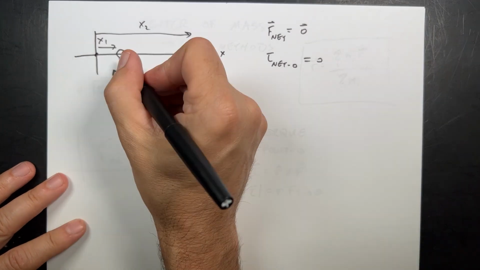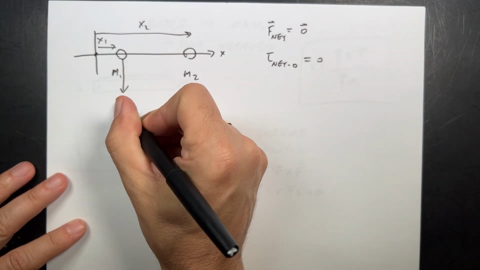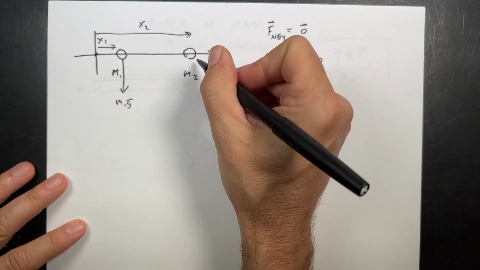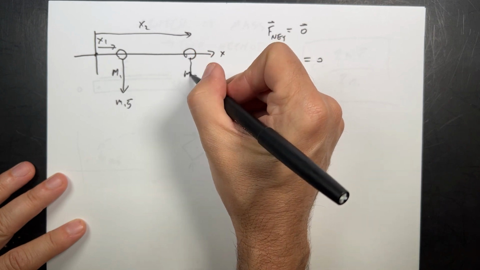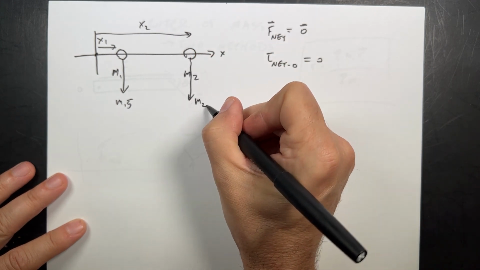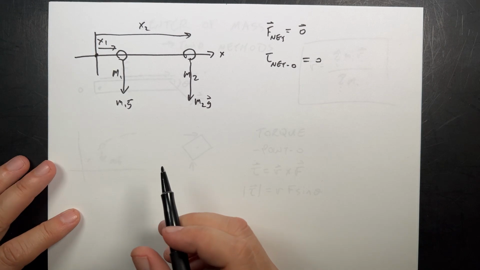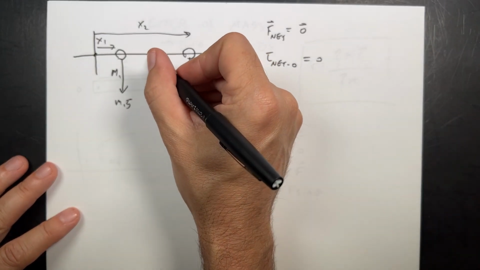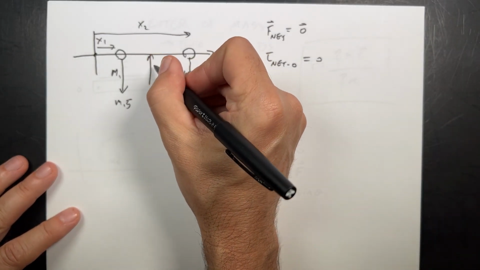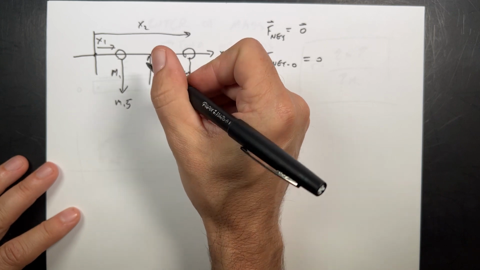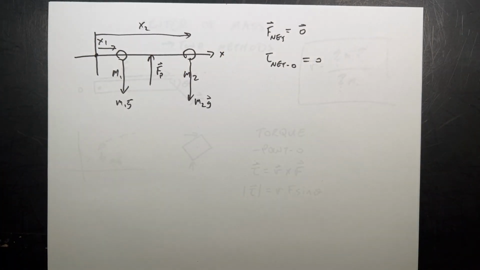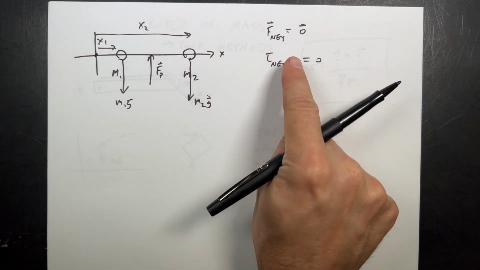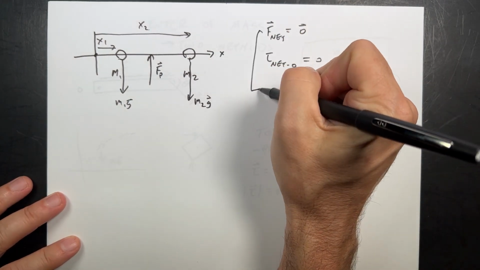So in order to do that, I have a gravitational force pulling down right there, m1g, and then one down here, m2g. I don't even know what the values of those are, and that's fine. So I'm going to have to push up somewhere with a force. I'm going to call it Fp. And I want to find out what force I have to push up with to make that be in equilibrium, to satisfy both of these.